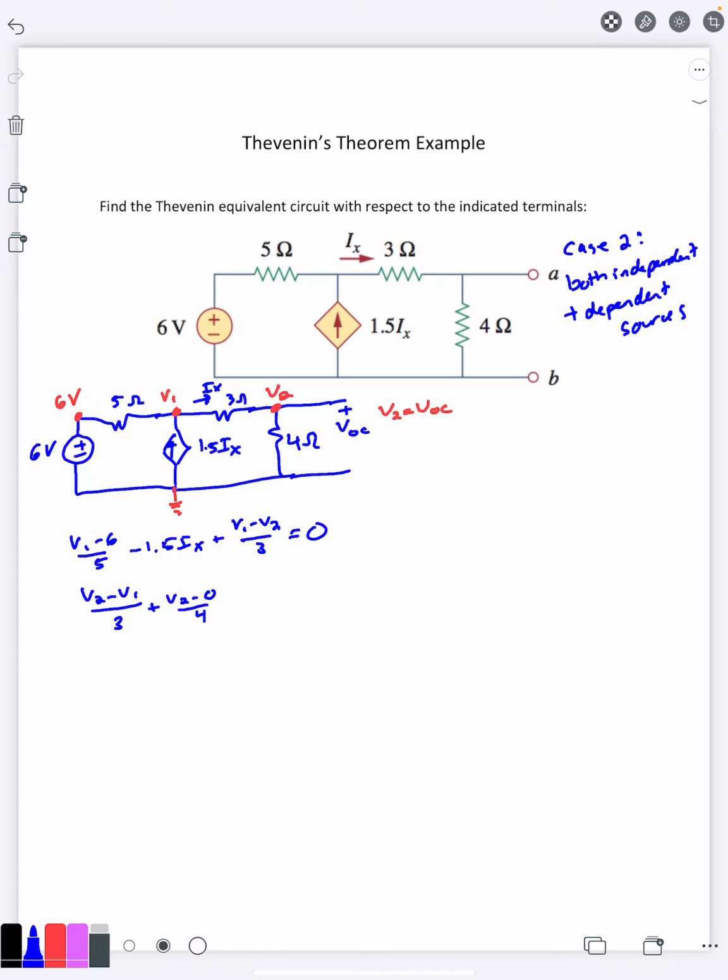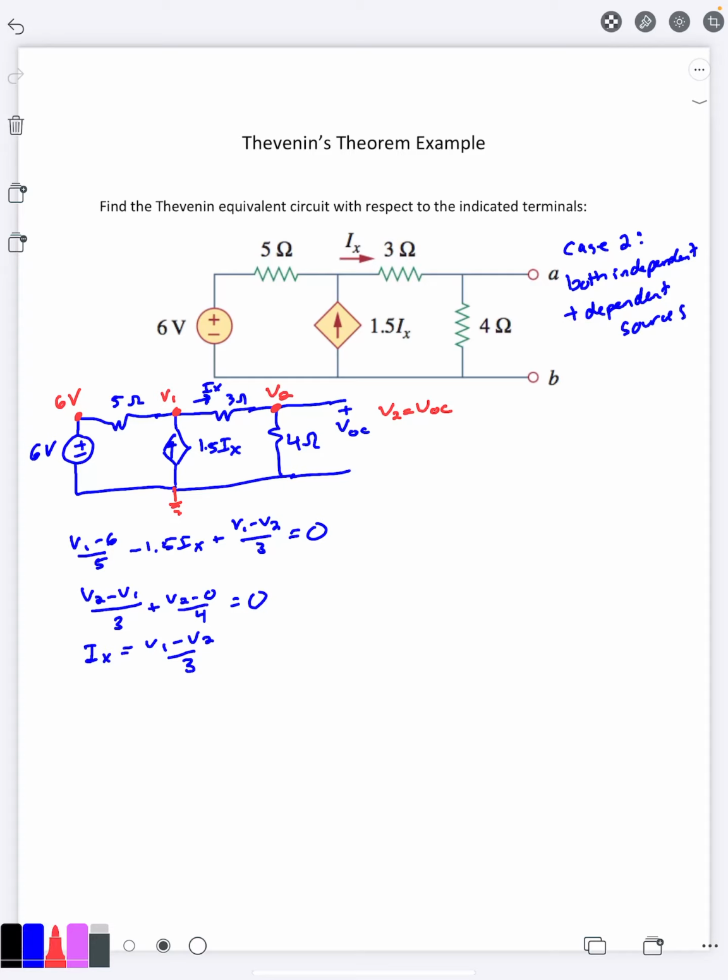And then because we have a dependent source, we need to have an equation for the dependent source. In this case, it's Ix. And looking at our circuit where Ix is, it's going to be (V1 minus V2) over 3. I forgot to put the equal 0 on the second node voltage equation.